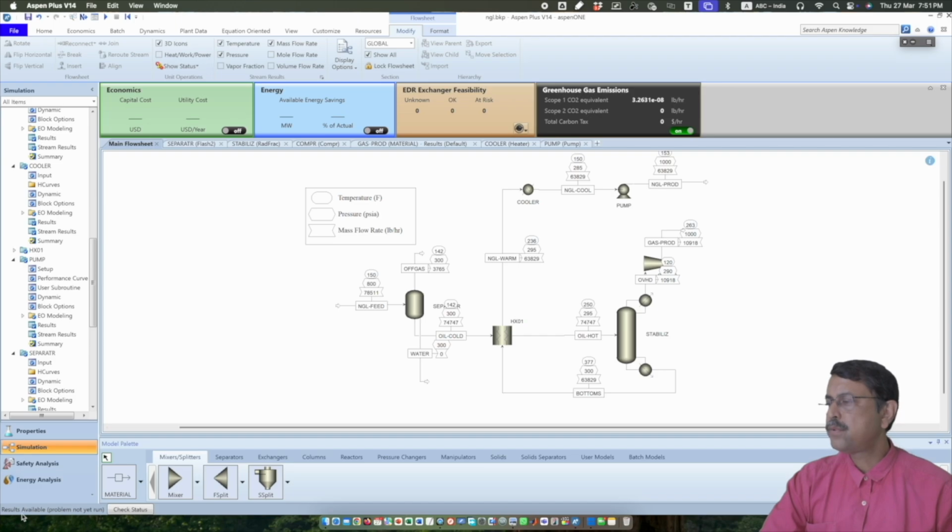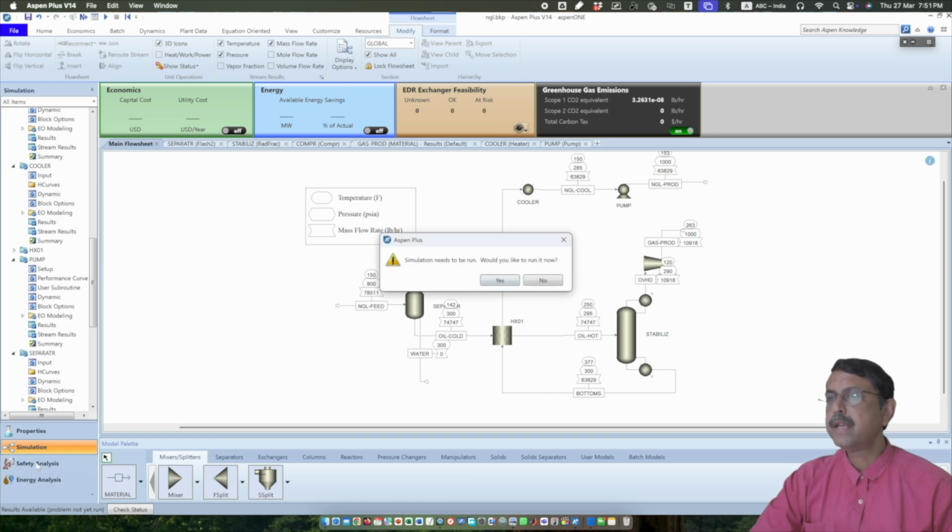Now, first we have to run it. The person who has designed the problem has probably run it and then saved it, but from our side, we have to run it so that we can go ahead with the safety analysis. Even here, if you press safety analysis, it will say the simulation needs to be run.